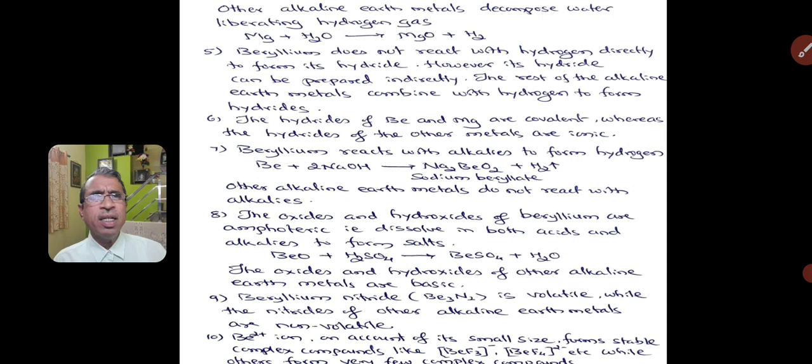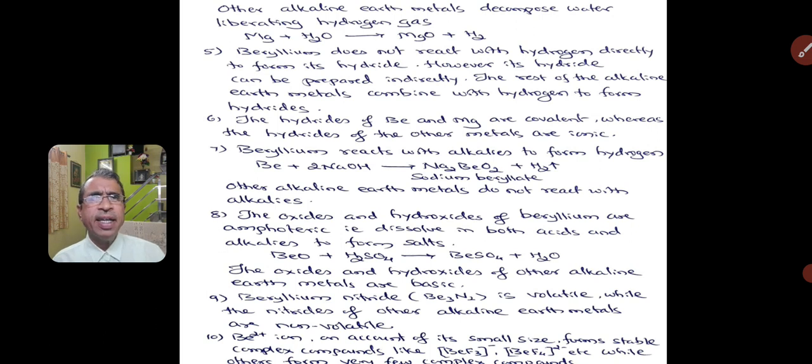Other alkaline earth metals decompose water, liberating hydrogen gas. So magnesium combines with water to form magnesium oxide and hydrogen. Beryllium does not react with hydrogen directly to form its hydride.